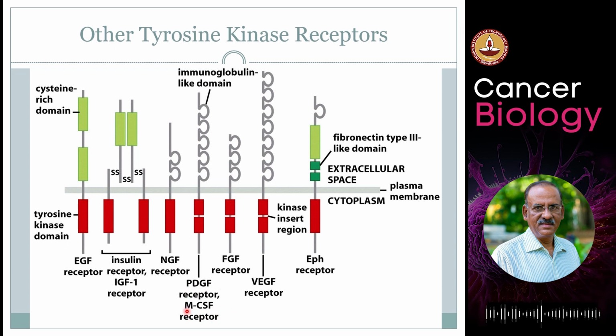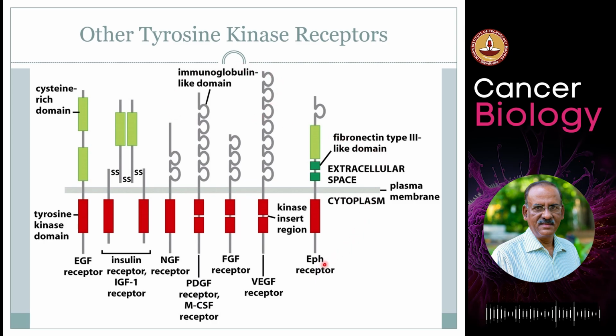That's what is called MCSF. FGF is fibroblast growth factor receptor. All of them, interestingly, and this VEGF receptor, vascular endothelial growth factor receptor, all of them contain on their extracellular domain what are called immunoglobulin-like domains.